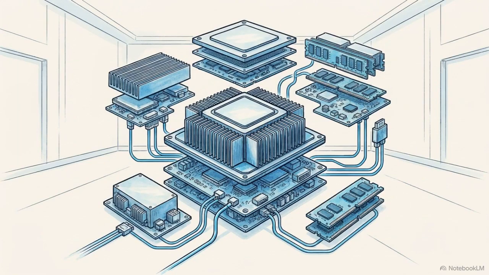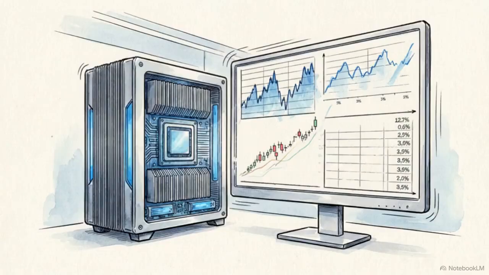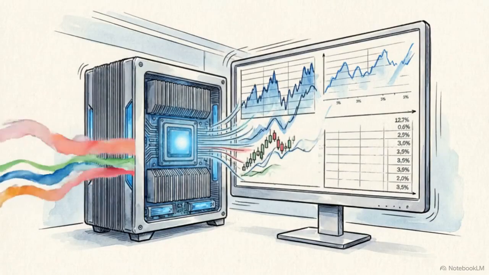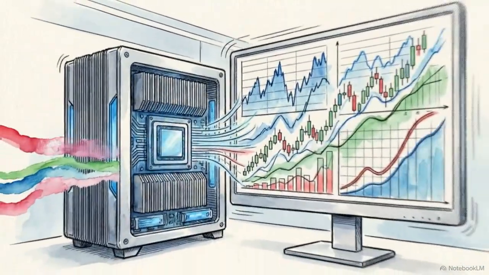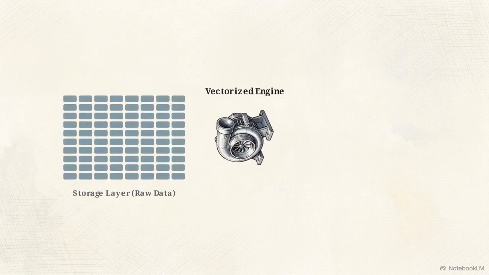Modern hardware renders much of this overhead unnecessary for standard workloads. A single machine equipped with fast local solid-state drives and high memory bandwidth can process immense analytical volumes locally. An embedded vectorized execution engine like DuckDB maximizes this hardware.